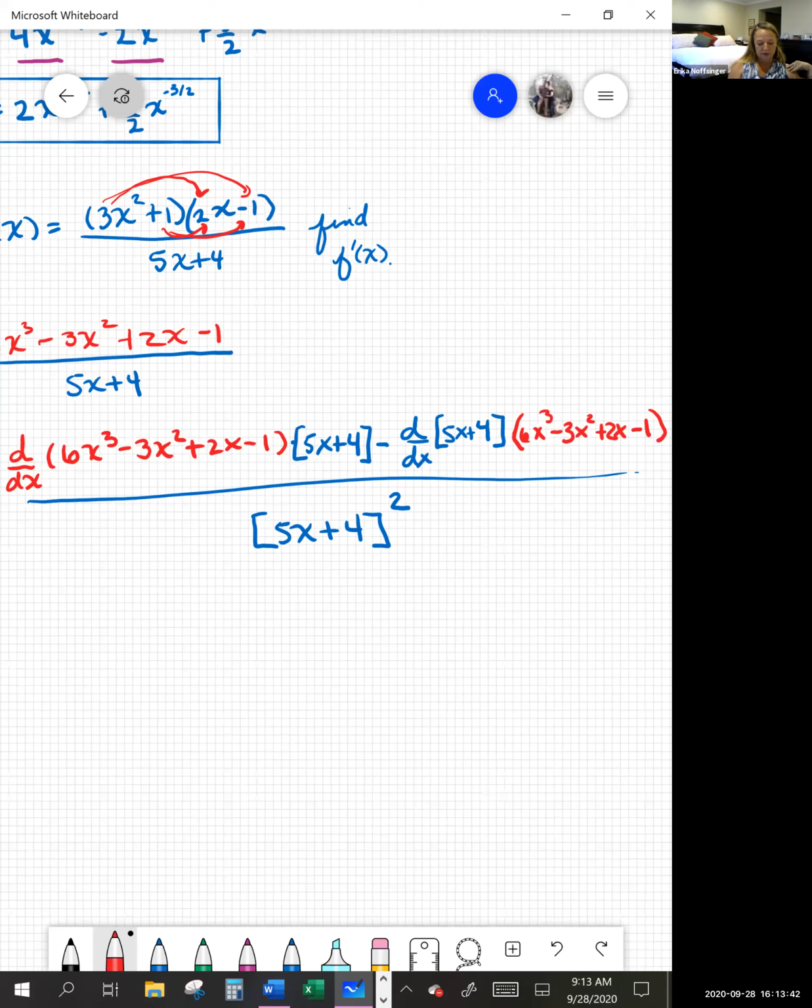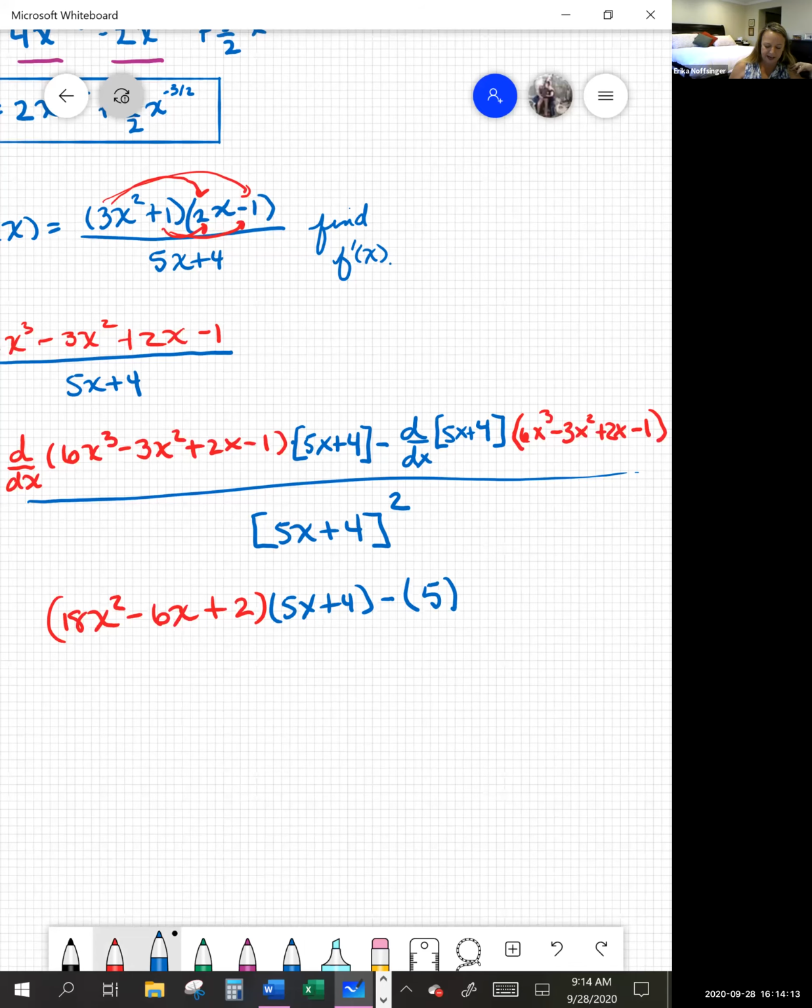So taking the derivative of the numerator, the derivative of 6x cubed is 18x squared, minus the derivative of 3x squared is 6x, plus the derivative of 2x is 2, all times the denominator, 5x plus 4. Minus the derivative of the denominator: derivative of 5x is just 5, and the derivative of the constant is 0.